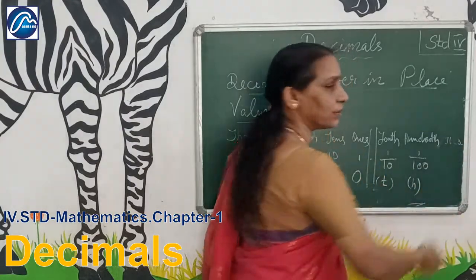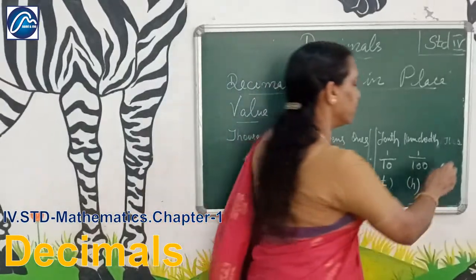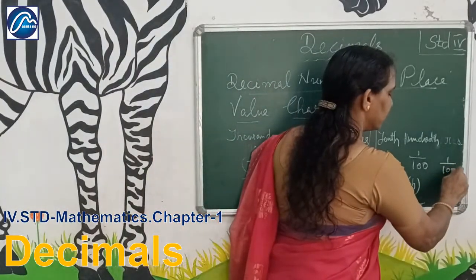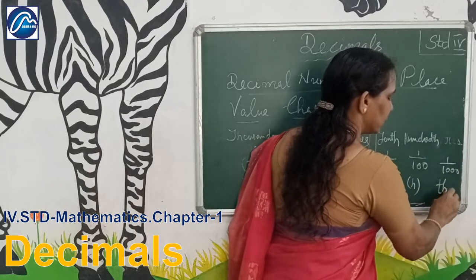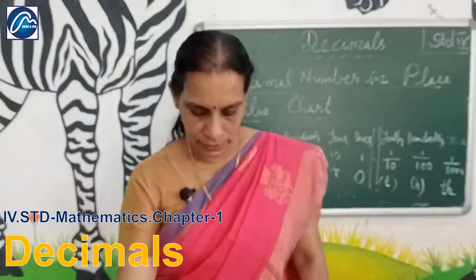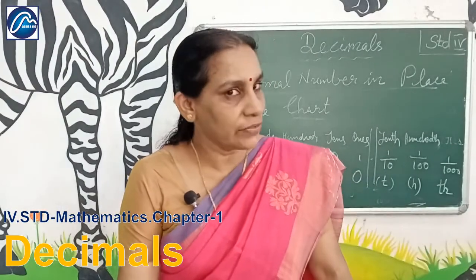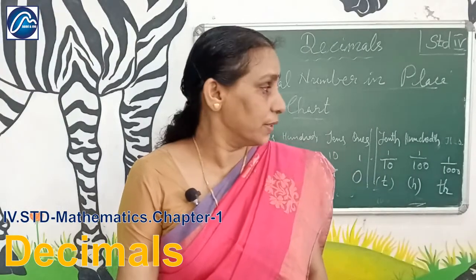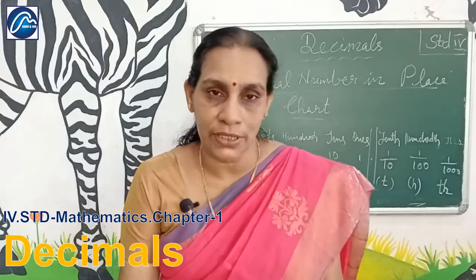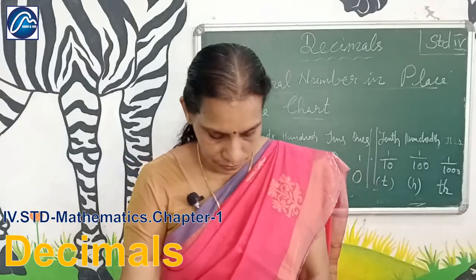Thousandth, that is 1 by 1000, and it is a small th. So this is how we represent place value in the decimal number place value chart. Okay.